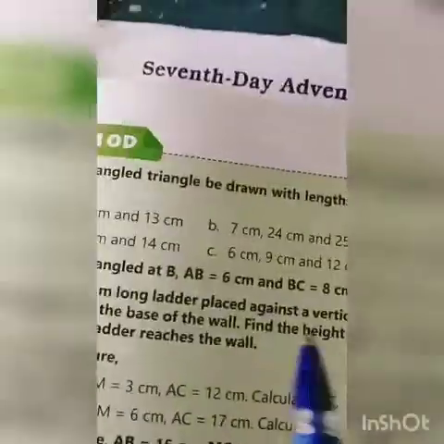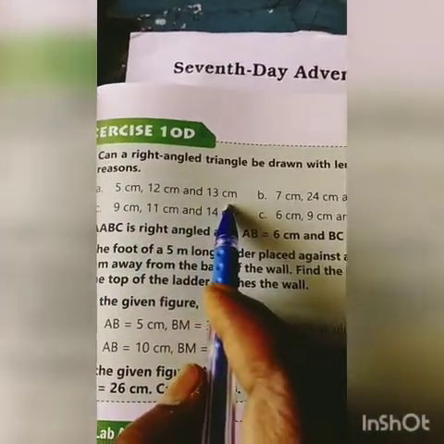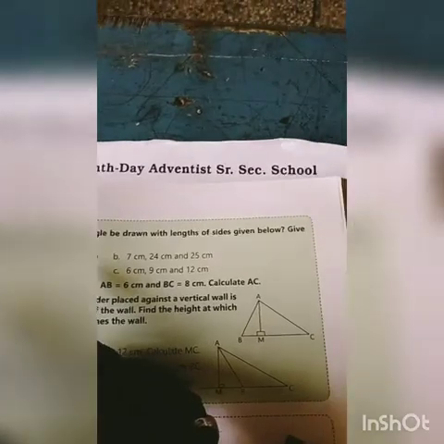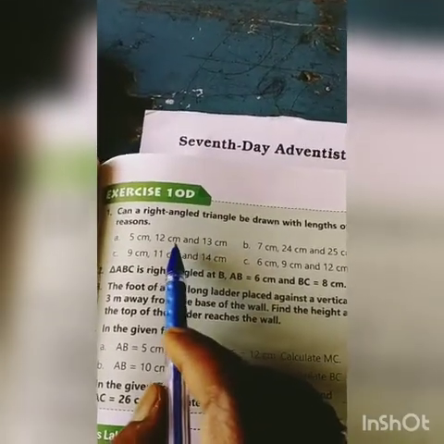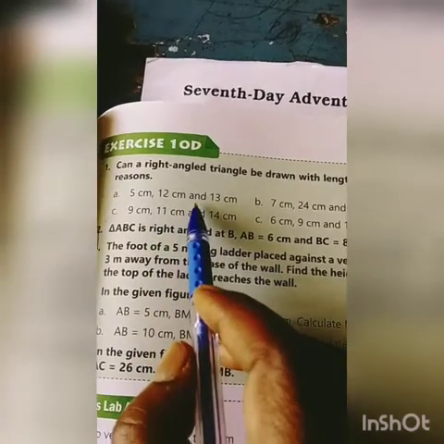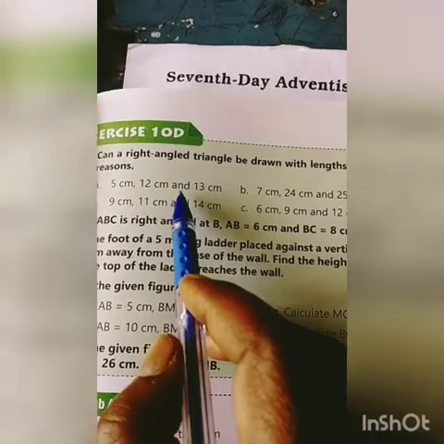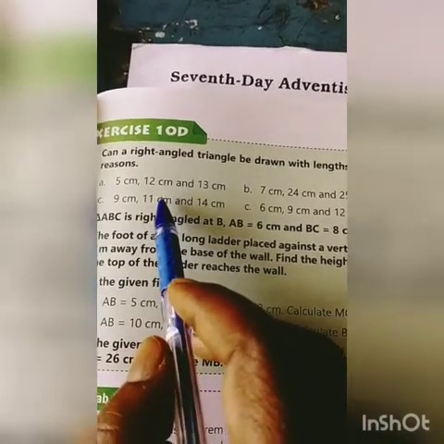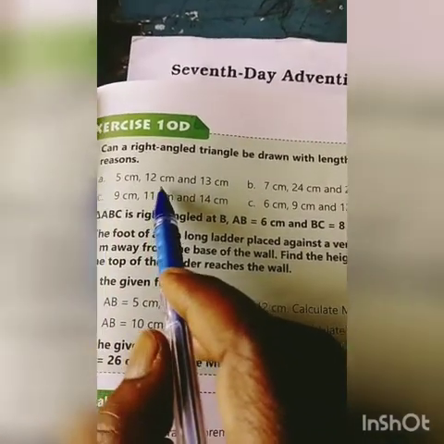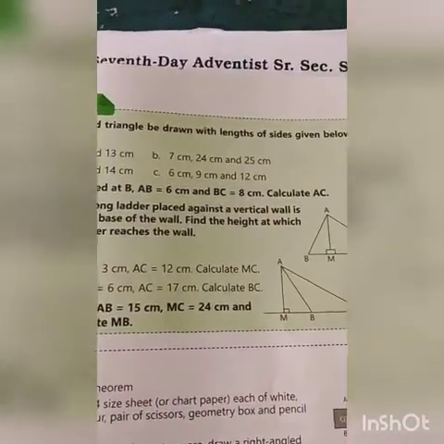Look at question 1. Three sides of a triangle are given. Now we have to find whether it's a right angle triangle or not. To be a right angle triangle, it should satisfy the theorem. So we'll check the squares of these three sides.